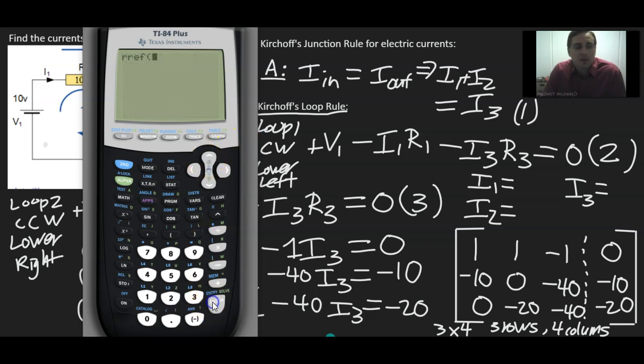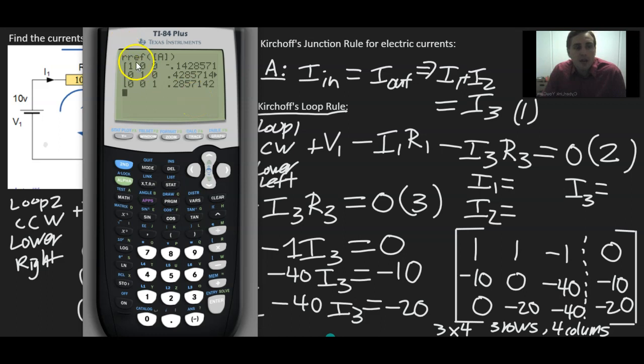So I'm going to perform reduced row echelon form, go second matrix, and go to matrix A, which is the matrix I want to perform this on. I'll close off the parenthesis, hit enter, and then this should be our answers. And we should round these off.